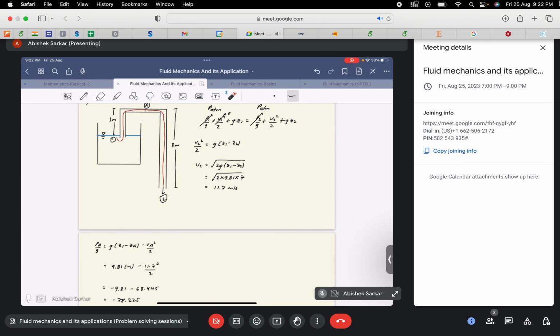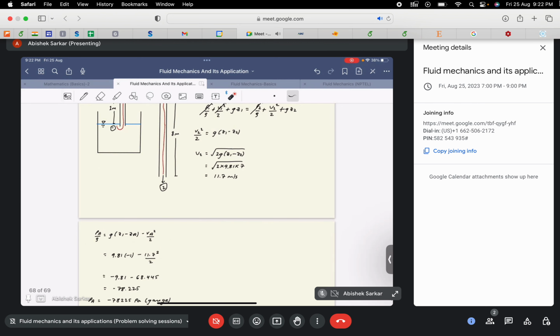Once you write the full Bernoulli's equation and cancel out the terms, you will get this form. Note that PA is not P atmosphere; it is the pressure at point A.